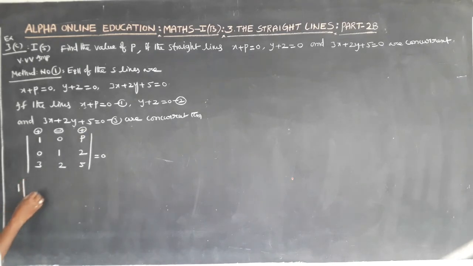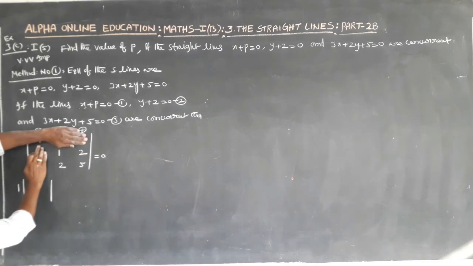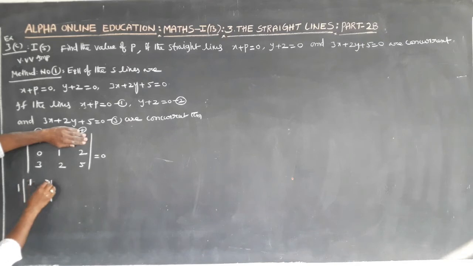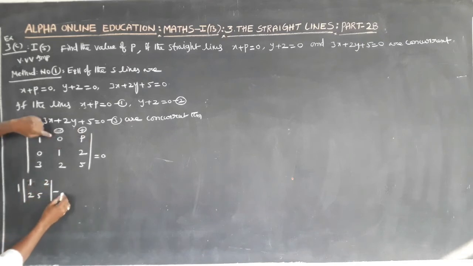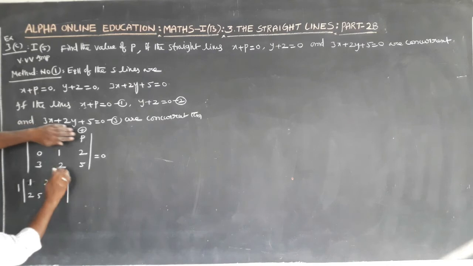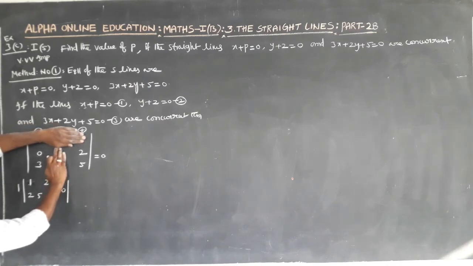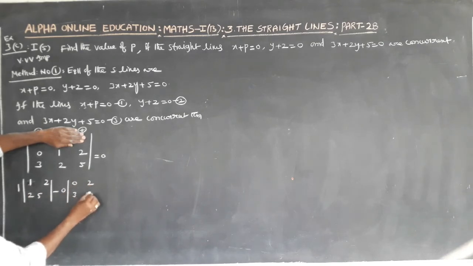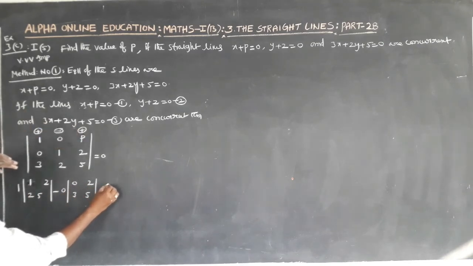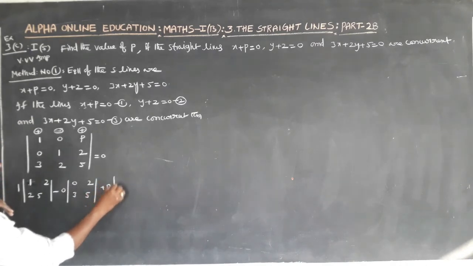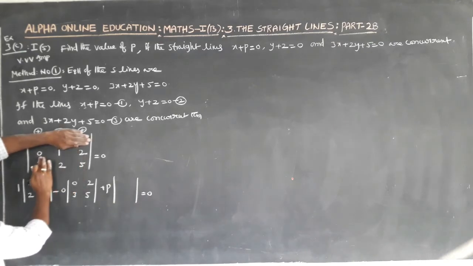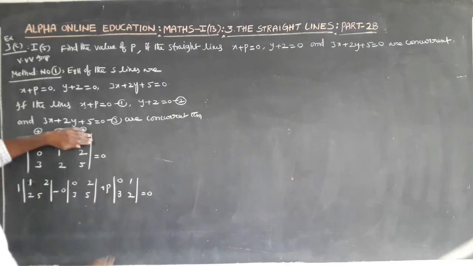1 into the minor with row 1 and column 1 cancelled: (1 2; 2 5), minus 0 into the minor with row 1 and column 2 cancelled: (0 2; 3 5), plus p into the minor with row 1 and column 3 cancelled: (0 1; 3 2).